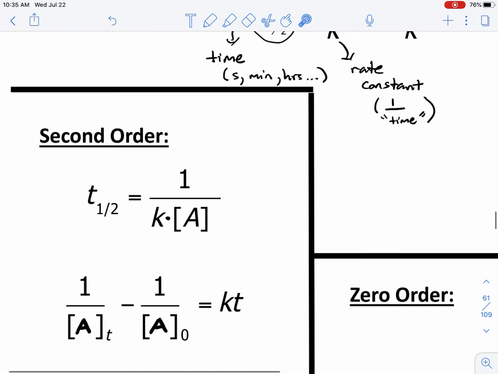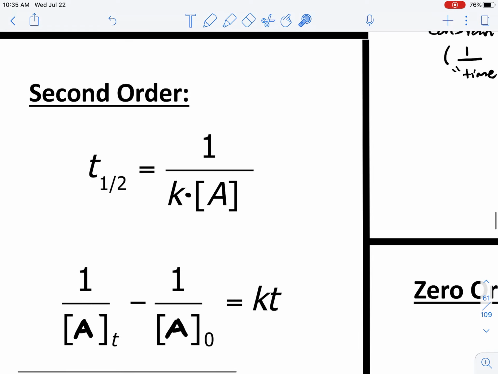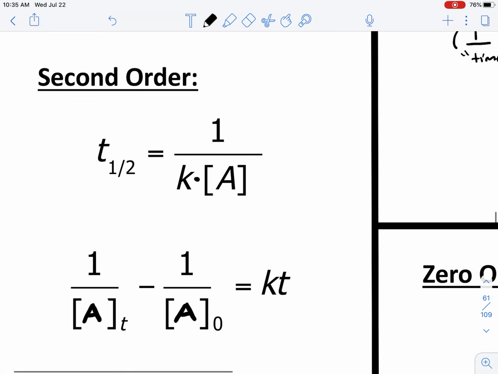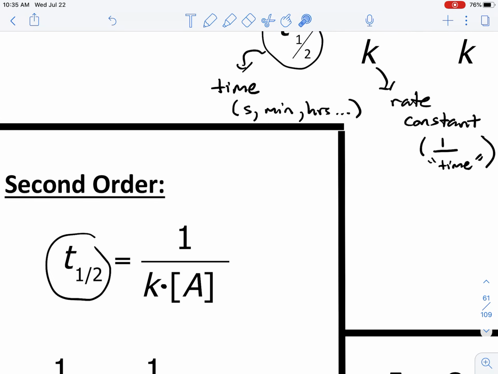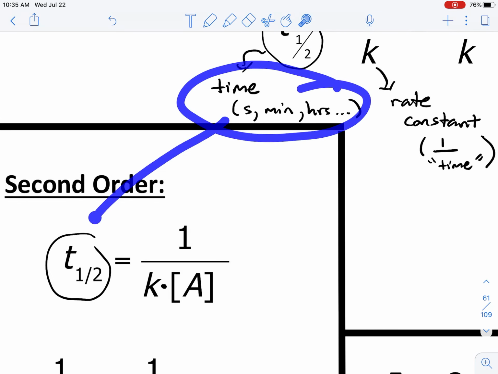All right, so looking at the equations for second order, once again, we see half-life. And so we know that the half-life is going to be in units of time. Okay, so it's the same.